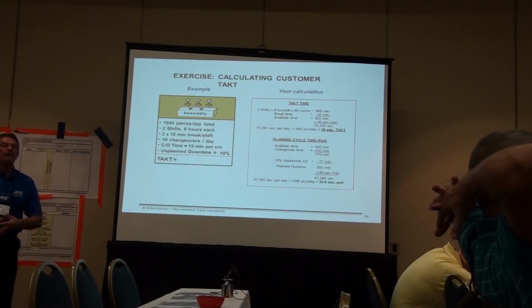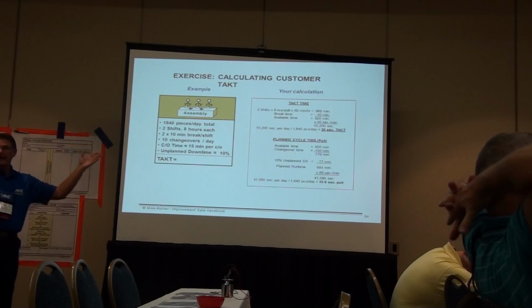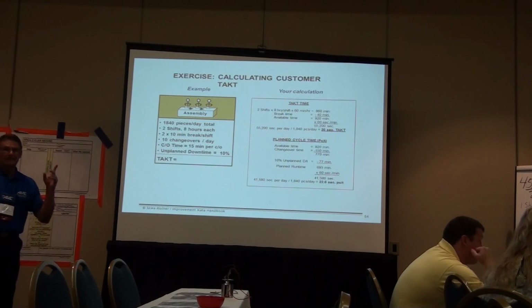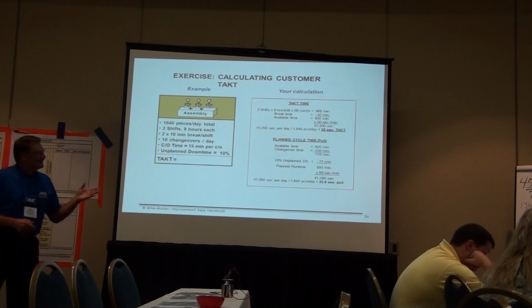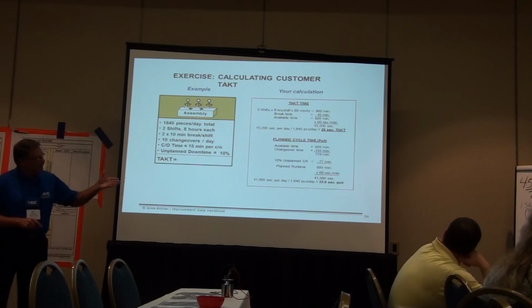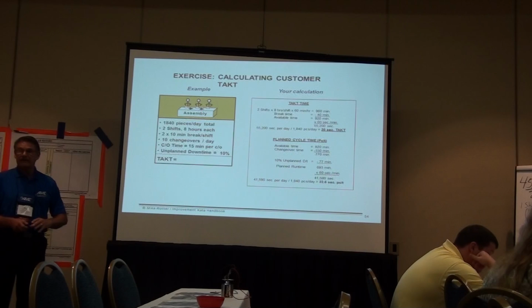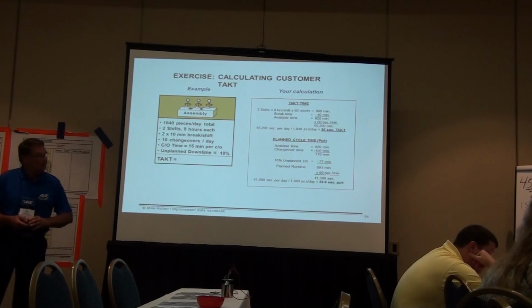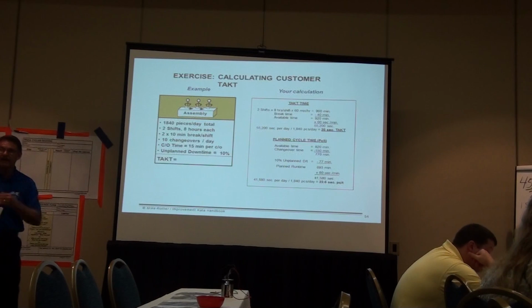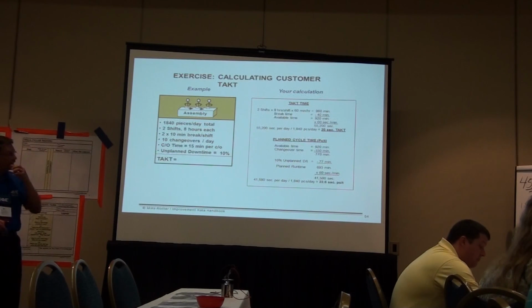If we designed our process capability to that, it would be hard because we know stuff happens, right? What did Art say yesterday in manufacturing? Something happened. So for planned cycle time, let's start with available time and back out the time for the changeovers, 10 of them at 15 minutes each. That brings us down to only 770 minutes. We also have a reliability issue, about 10%, so let's take that out.